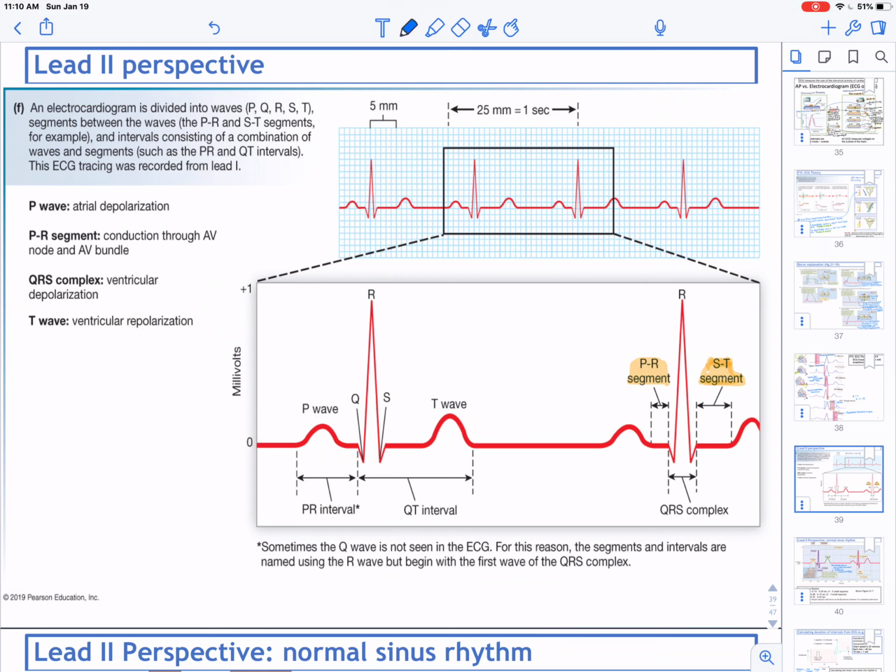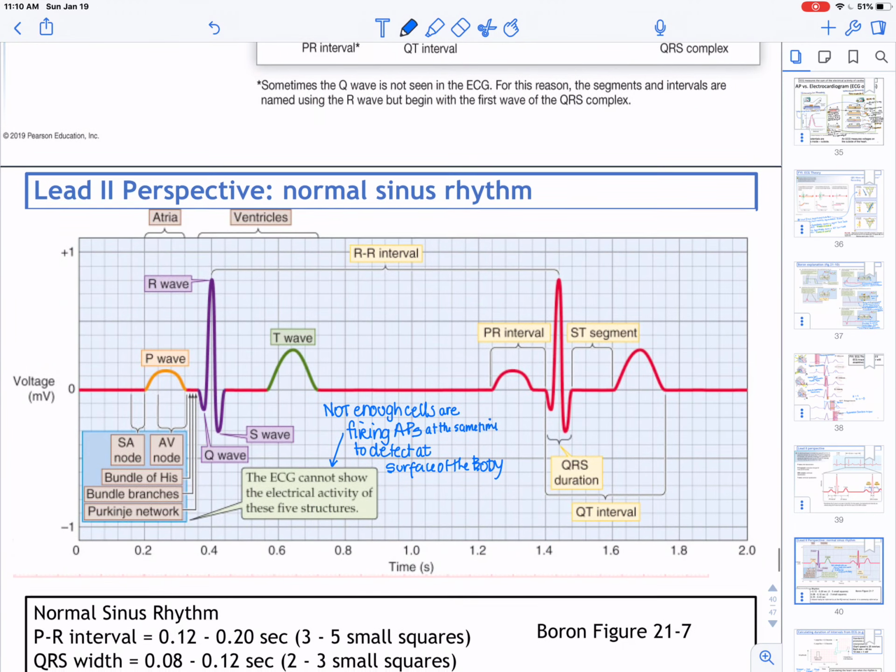I'm just going to draw the action potential of one cell from an intracellular recording that we would expect, and the same thing goes for a ventricular cell that we would expect to see during that time. So this is from Boron.